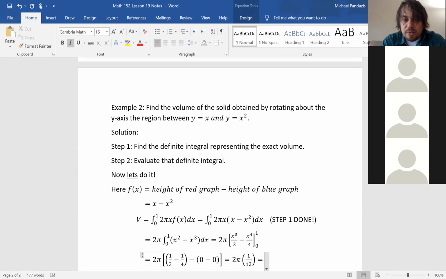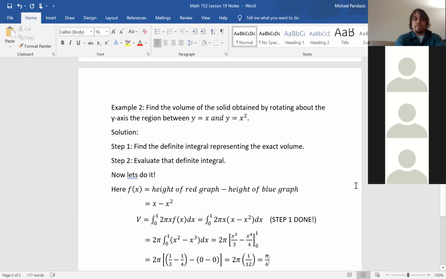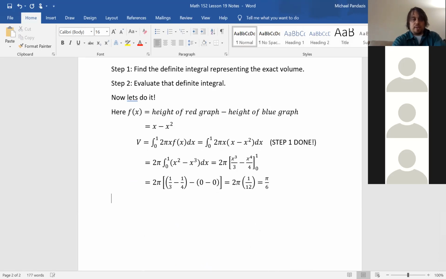And so this is equal to pi over 6. And that's the answer. So now the problem's done.